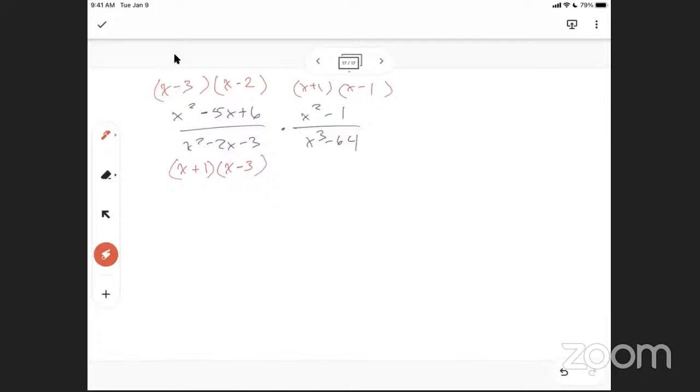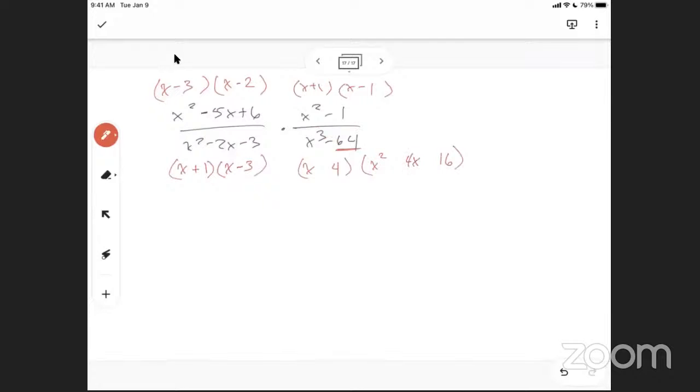So what we're going to do here is SOAP. What's being cubed in 64? 4 is being cubed. So I'm going to write x and 4, x squared and 16, and 4x.